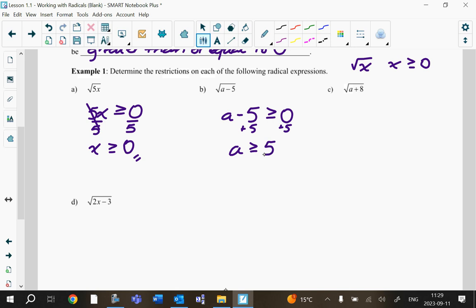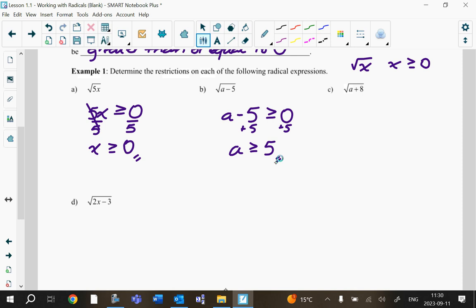I can use any number I want as long as it's 5 or larger. Because if I plug 5 in, it's 0. If I plug 6 in, it's 1. If I plug anything higher than 6 in, it's going to be positive. But what happens if I plug 4 in? I get negative 1, which I can't take the square root of. That's why it has to be bigger than or equal to 5.